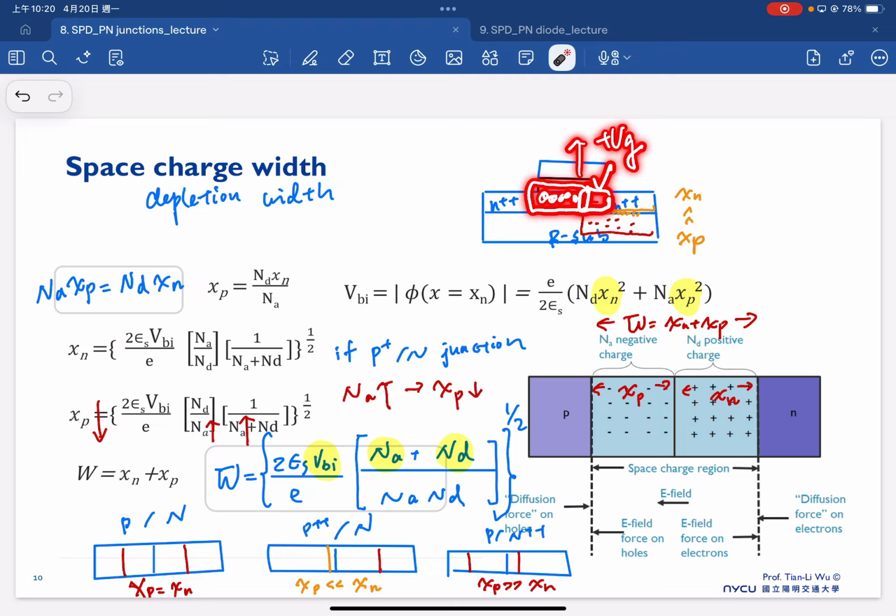So you can expect that this wider region will certainly influence our transistor operation, because once this electron is influenced by this very wide space charge region, that creates a certain issue.